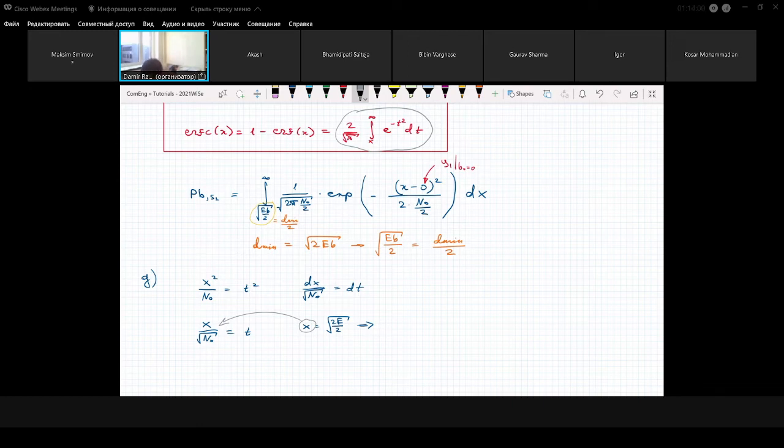Oh, one second, there's something wrong. It's EB over 2. The corresponding limit for t will be EB over 2 N naught, and the whole expression under the square root. And when x goes to plus infinity, t also goes to plus infinity.